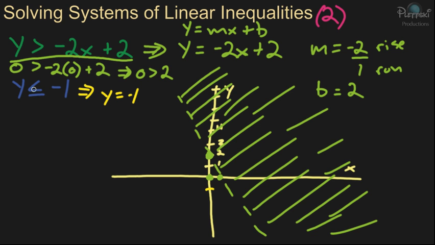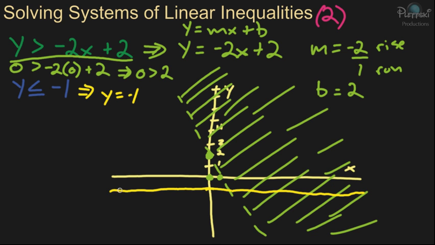And since it's less than or equal to, we're going to make that a solid line, because that line is part of the solution. Because the inequality is y is less than or equal to negative 1, anywhere where y is negative 1 is part of the solution.